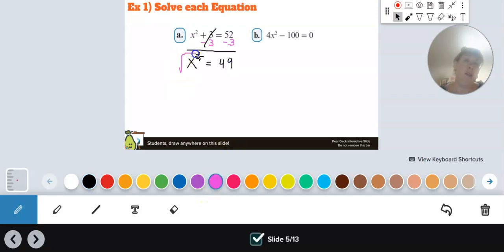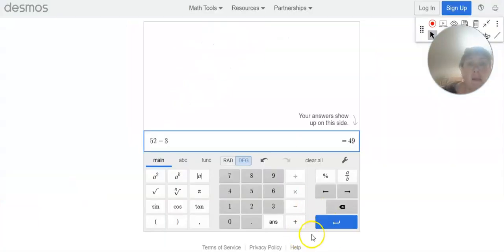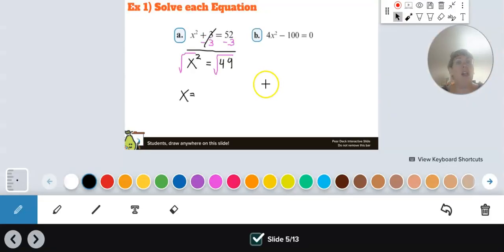Then we'll take the square root on both sides, and we get x equals the square root of 49. Maybe you're not sure. Just type in square root 49, and we get 7. We're going to get into the habit of doing plus or minus 7. So this means the two x-intercepts are at 7 and negative 7.